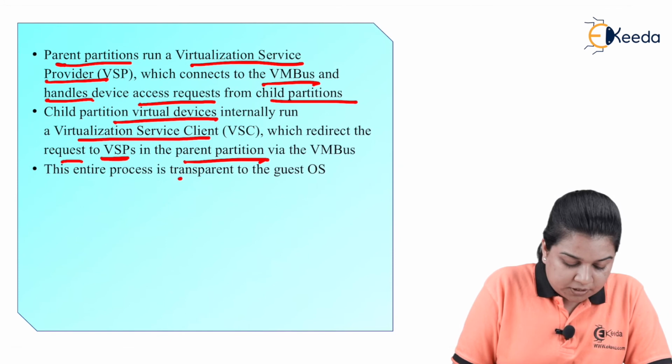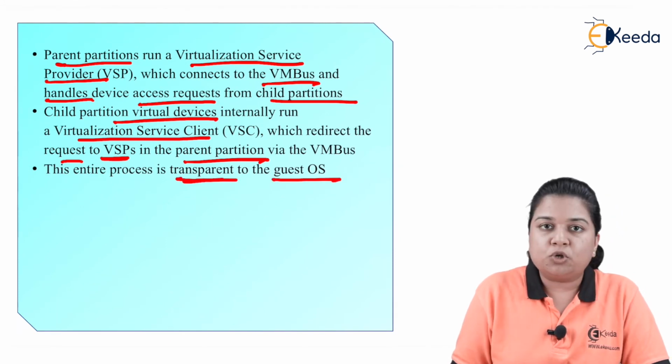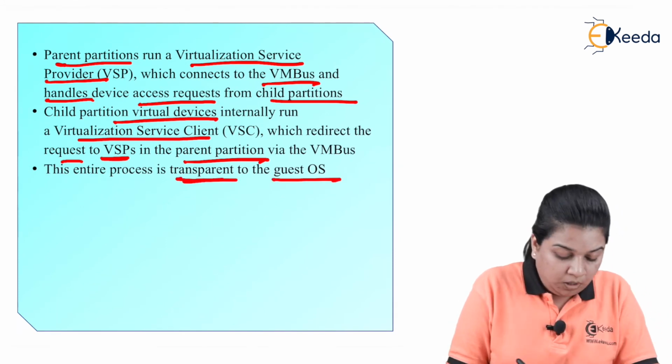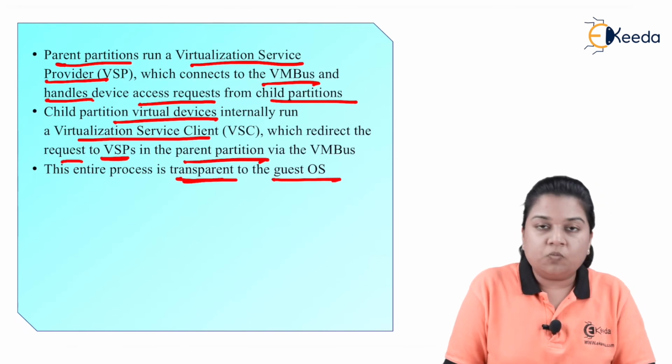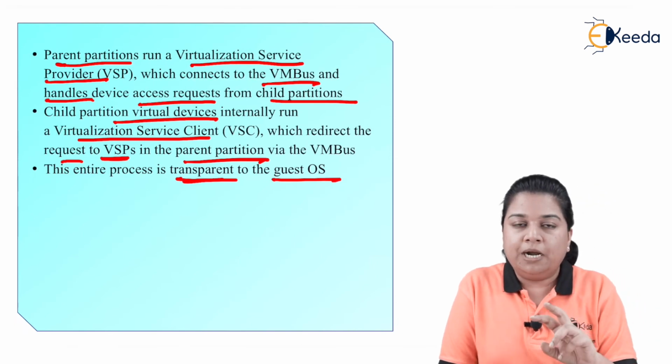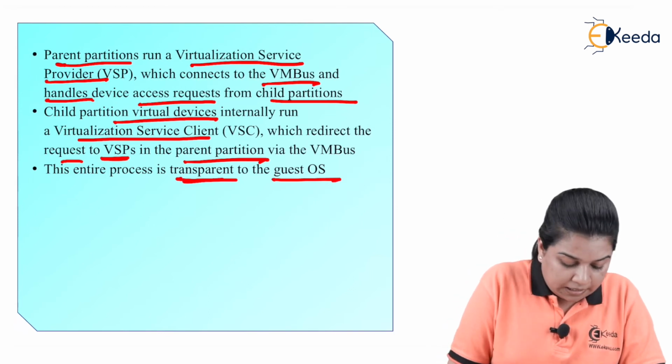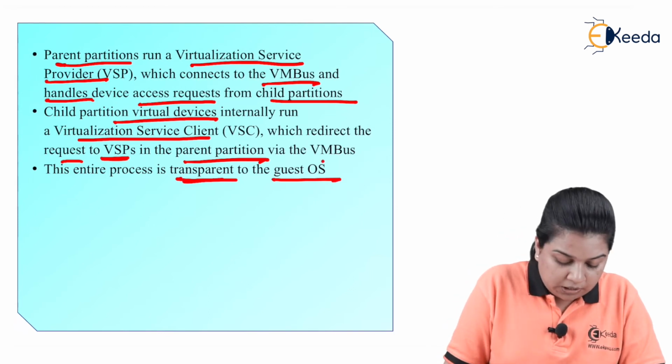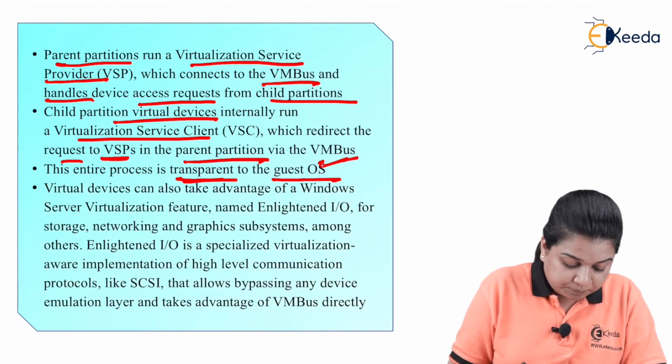This entire process is transparent to the guest operating system. That means this communication process via the VM bus to the parent partition and the physical resources, all these things, are transparent to the guest operating system.